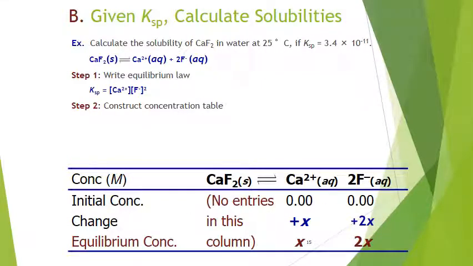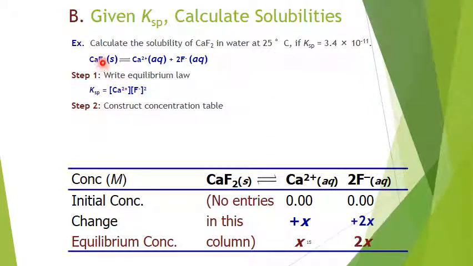Okay, so we're going to do another one where, given the Ksp, we find the solubility, similar to what we just did, but this one has a different equilibrium expression, and the ICE table is also set up slightly differently.